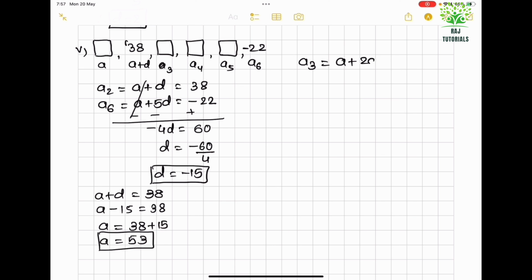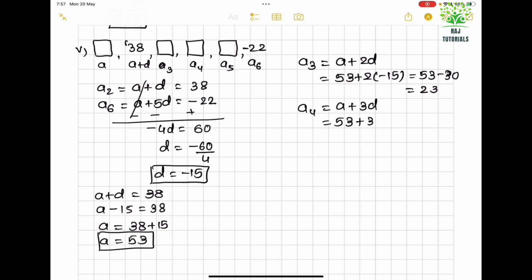A3 will be A plus 2D. So 53 plus 2 into minus 15. So 53 minus 30. That will be 23. Then A4, A plus 3D.